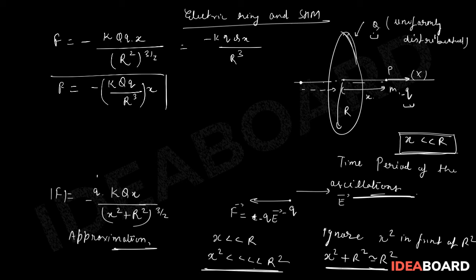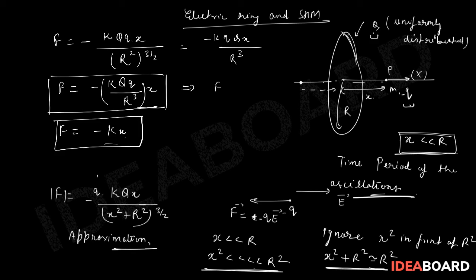Oh wow, pretty interesting thing we are achieving. What are we achieving? F is equal to minus kx. This is the general equation of SHM, and from here I can see that F is proportional to minus x. That means force is directly proportional to the displacement.